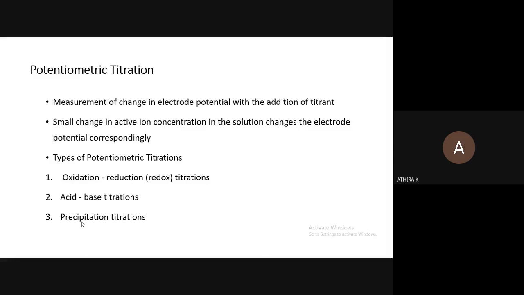And I told you that the red color is due to the formation of a precipitate. So that reaction is known as precipitation titration. And here we have to discuss redox titrations in detail.